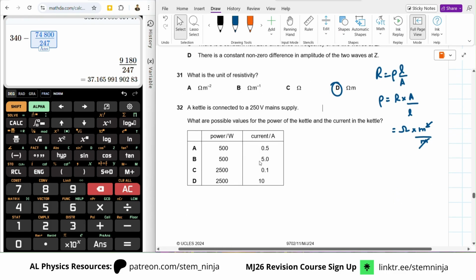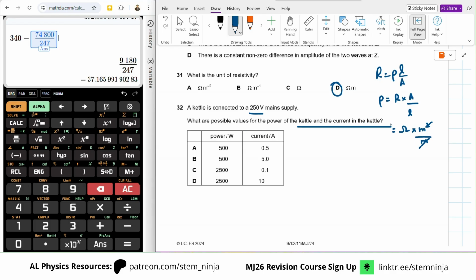31D. A kettle is connected to a 250 volts main supply. What are the possible values of the power of the kettle and the current in the kettle? Now, remember, kettle is a heating device, so it will have a higher current. So 10 ampere is usually a right answer.